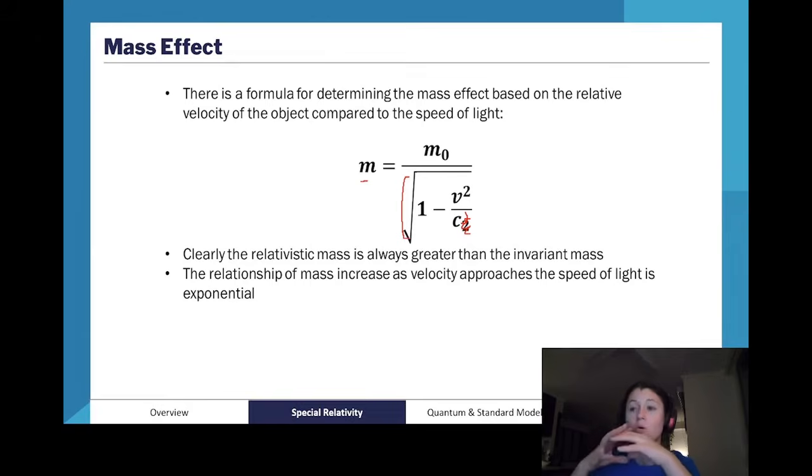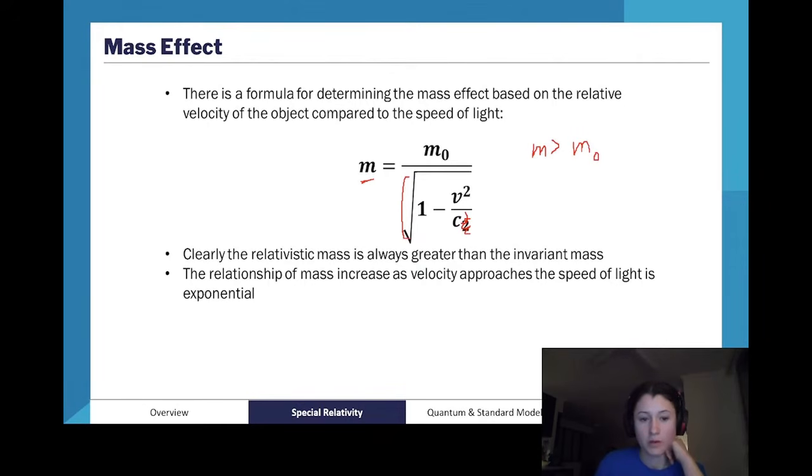The smaller the number you're dividing by, the bigger the pieces you're going to be left with. So because we're dividing by a small number, we're going to be left with a bigger number over here. So from this we know relativistic mass is always going to be greater than the rest mass.